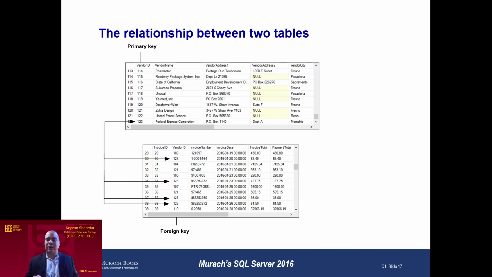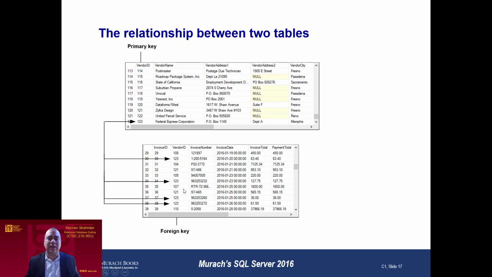So you query Federal Express, it tells you they have a vendor ID 123, and then you say, okay, everybody that has an invoice with a vendor ID of 123, give me a list for that. And here you see how it says it's a foreign key.